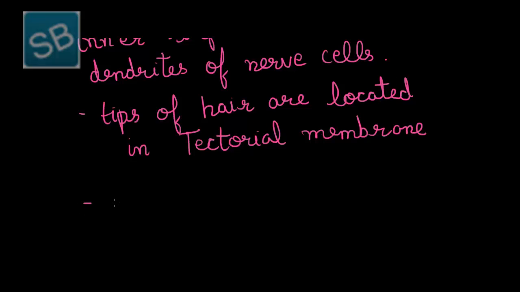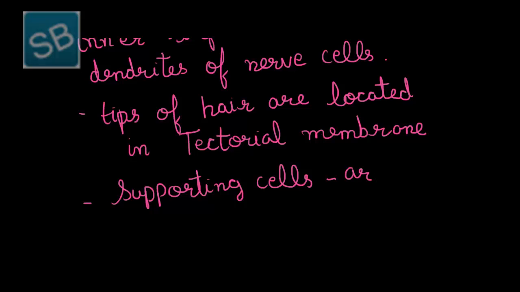Now the next type of cell, that is supporting cells present in the organ of Corti, are of two types.